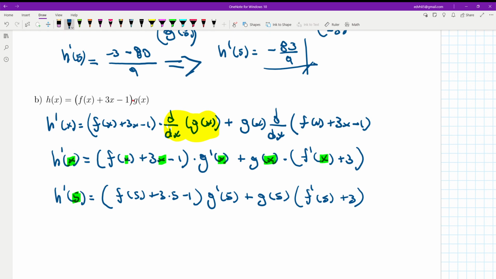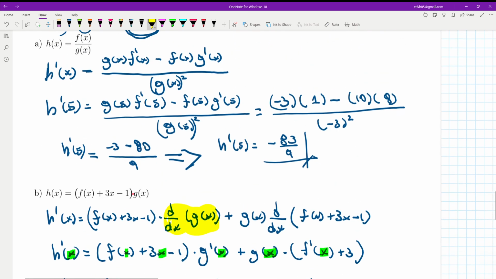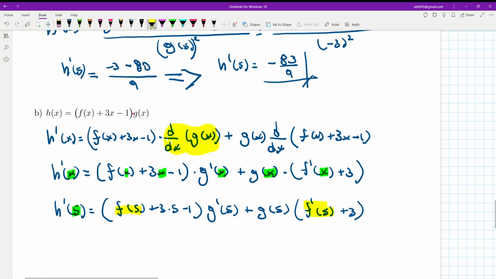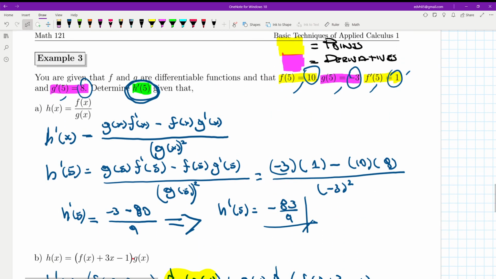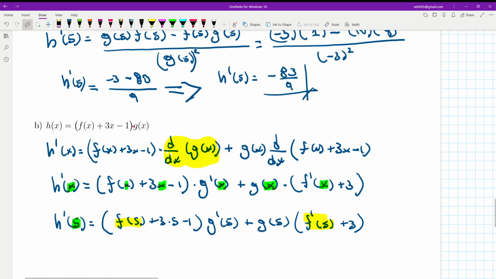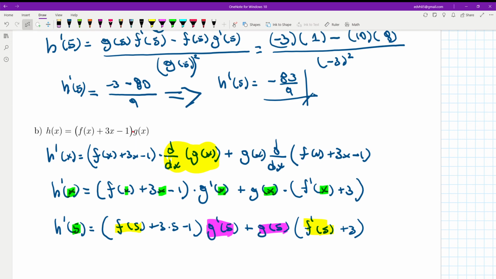All this information, f of 5, f prime of 5, g of 5, g prime of 5, is given. So let's go back to the top to retrieve those values.